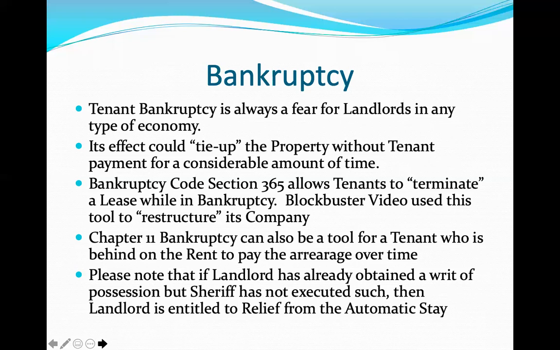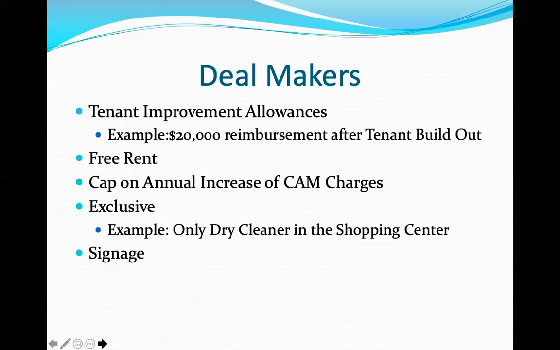And as landlord counsel, and I've done this in the past, just to get a comfort order, the last thing you want to do as a landlord is violate the automatic stay, because there are draconian penalties if you violate that. You want to file a motion with the court for relief from the automatic stay and get the court's blessing to continue to pursue your eviction in state court.